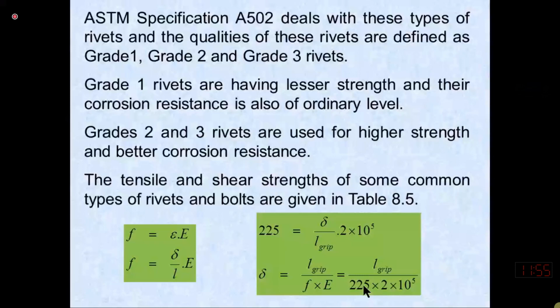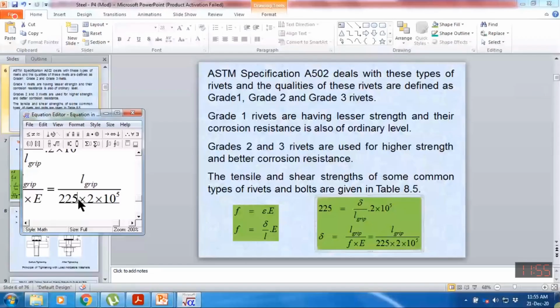The next point is how I can monitor this delta value. For example, if I need to provide this delta as 1.5 millimeter in order to produce a pre-tension of 225 kilonewton, for this purpose special washers are used, called pre-tensioning washers, which have protrusions or humps, some deformation made on the top of the washer.